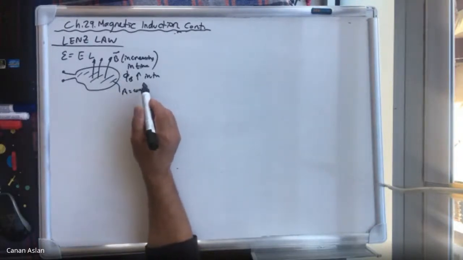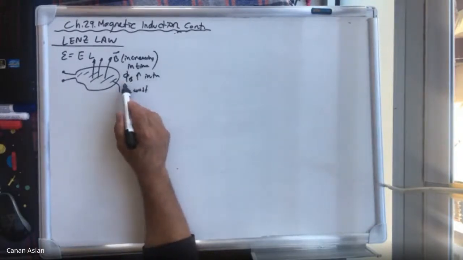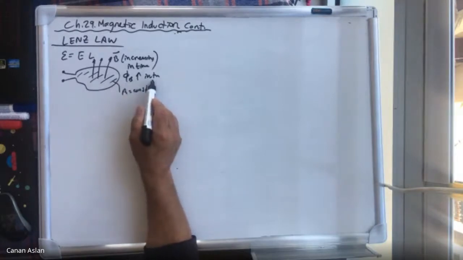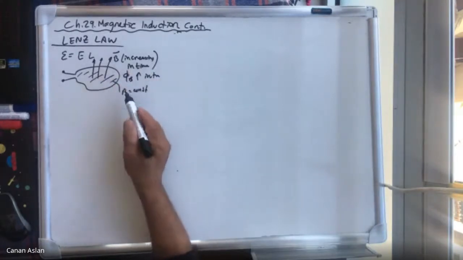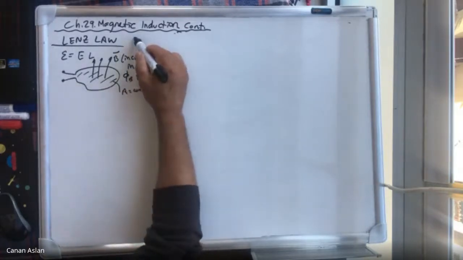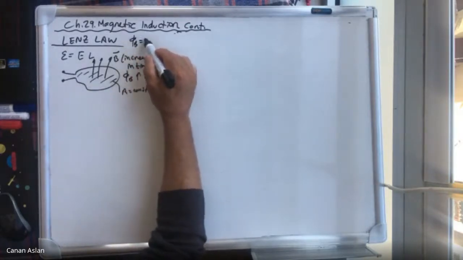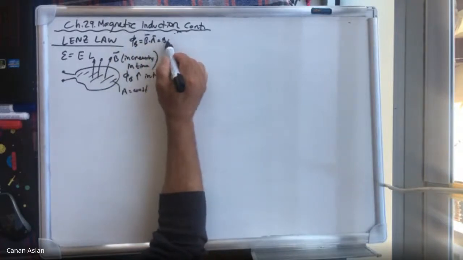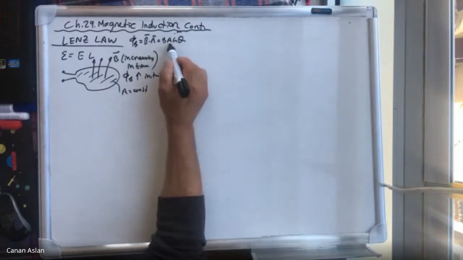In this case, the magnetic flux is changing, increasing in time, because the magnetic field is increasing in time. All the rest of the quantities for this magnetic flux, let's see, magnetic flux was given by B dot A, which is equal to B A cosine theta. So the angle and the area are constant, but the magnetic field is increasing in time.